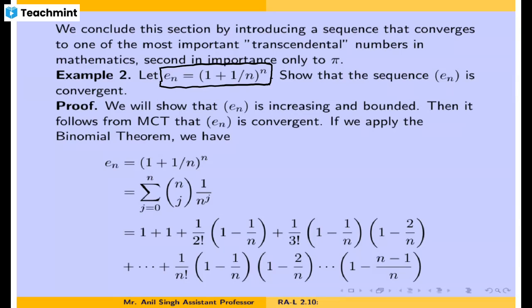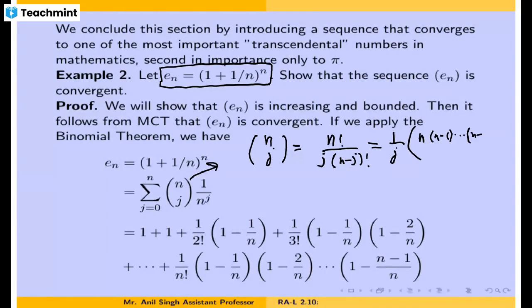Let me look at this binomial coefficient, n choose j. By definition, it is n factorial upon j factorial into n minus j factorial. I can write it as 1 upon j factorial separately, times n into n minus 1 up to n minus j plus 1, cancelling out the n minus j factorial.